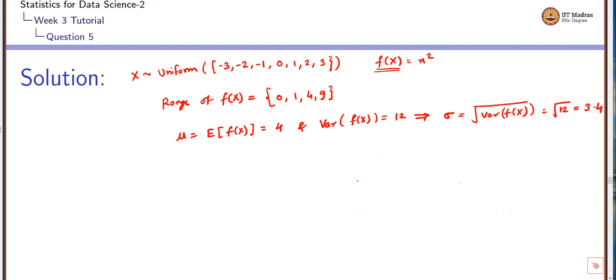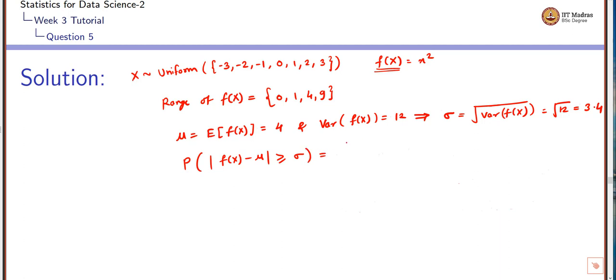Now we have to find the probability that f of x is one standard deviation away from its mean. How can we write this in terms of probability? We can write this as the probability that the mod of f of x minus mu is greater than or equal to sigma.